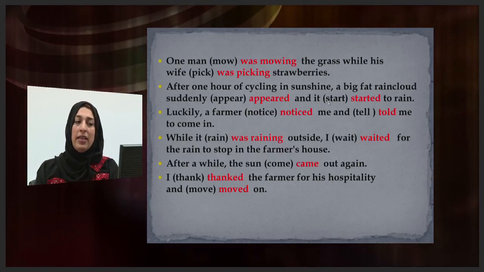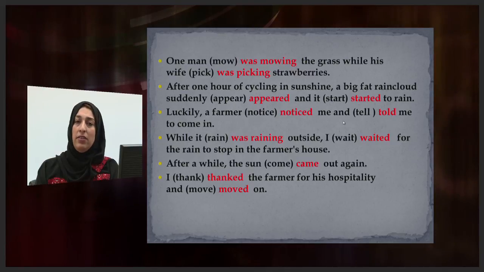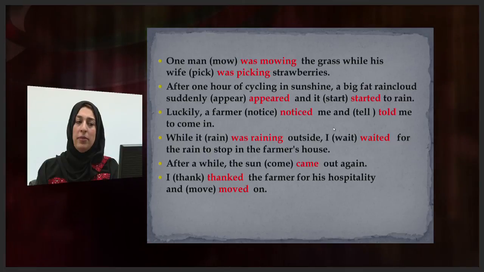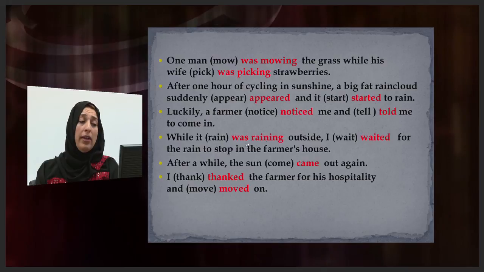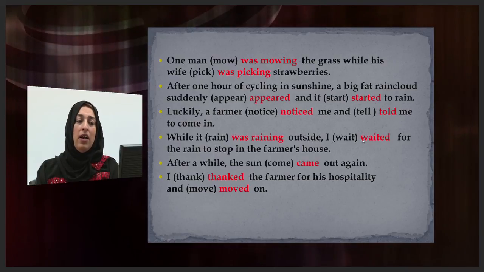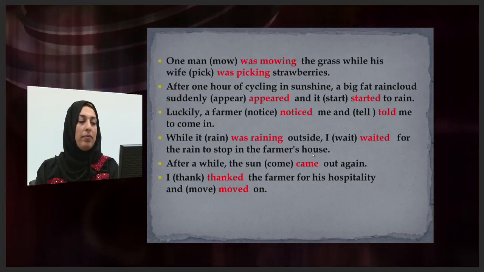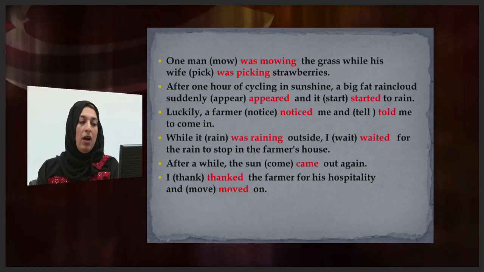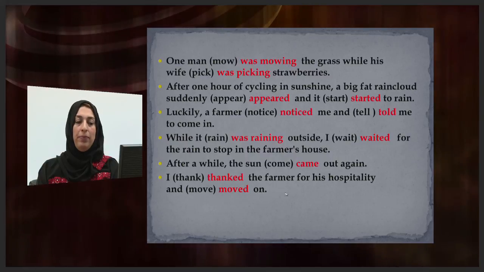After 1 hour of cycling in the sunshine, a big fat rain cloud suddenly appeared and it started to rain. Luckily, a farmer noticed me and told me to come in. While it was raining outside, I waited for the rain to stop in the farmer's house. After a while, the sun came out again. I thanked the farmer for his hospitality and moved on.